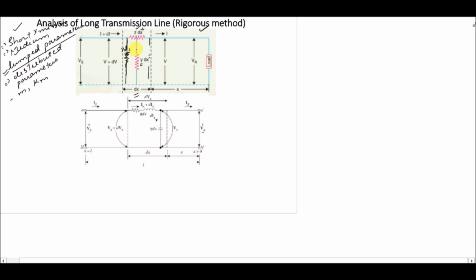Now if we have to find the voltage across the series element, this is your series element, right? So if I have to find the voltage across this series element, the voltage will be dV is equal to I Z dx.